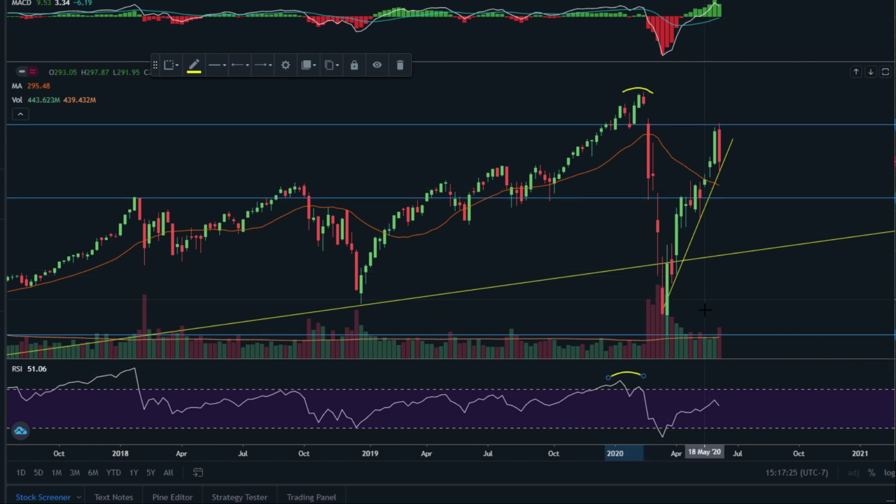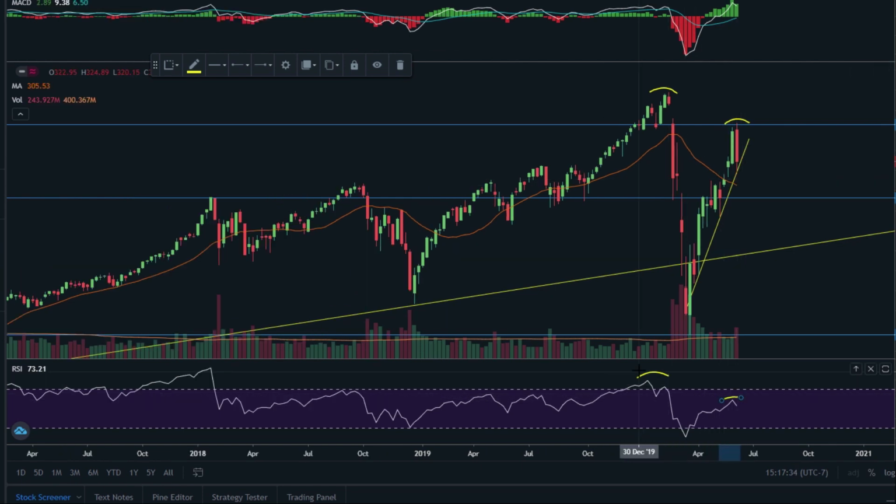Compare that with the peak from this last move that we've done. We're at a lower high. When did we see this before? We've seen it here. The peak in January 2018. We made a higher high in the RSI. And then we actually made a higher high on the chart, even though we made a lower high in the RSI. And what happened next is a big movement to the downside.